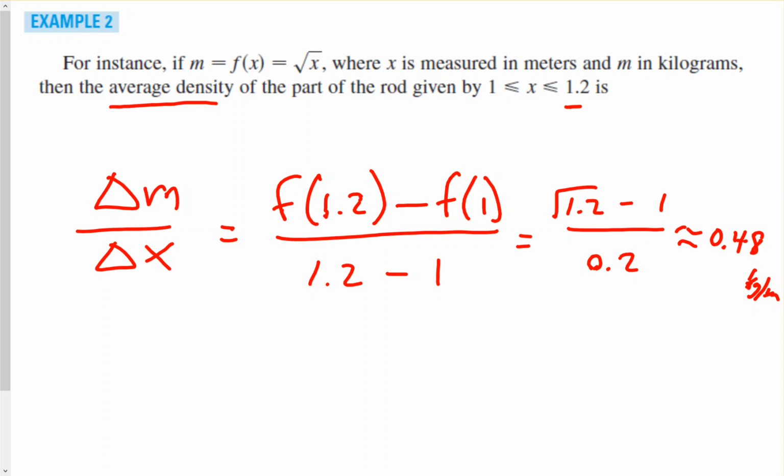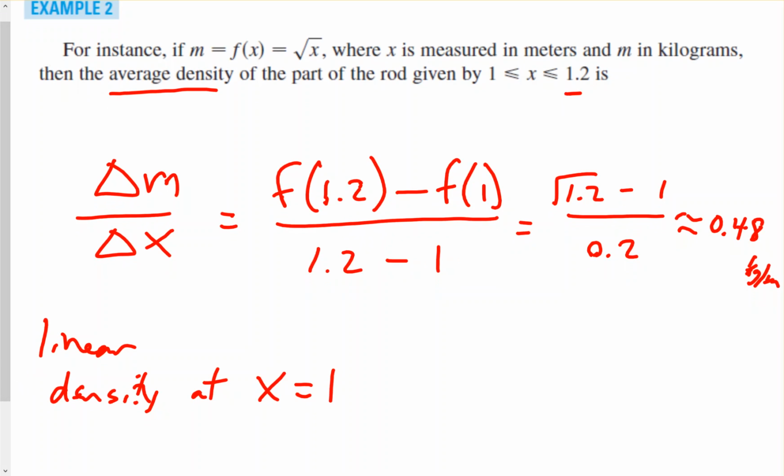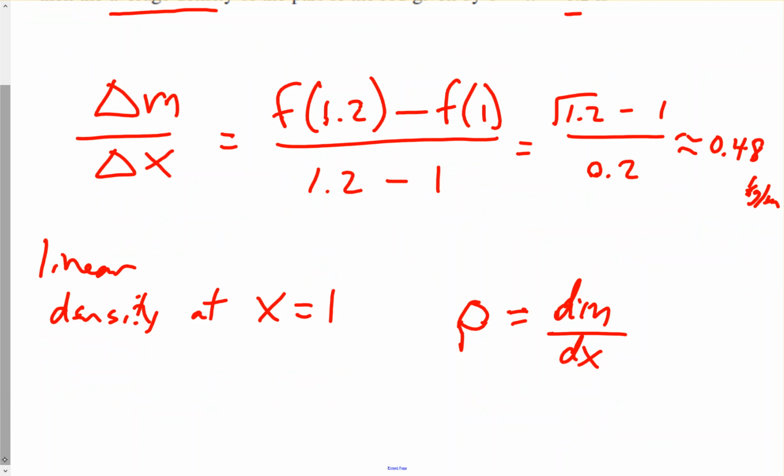Now our linear density at x equals 1 would be, so let's figure that out. We said linear density is dm dx, rho equals dm over dx, and then we would evaluate at 1, so we would plug in 1.